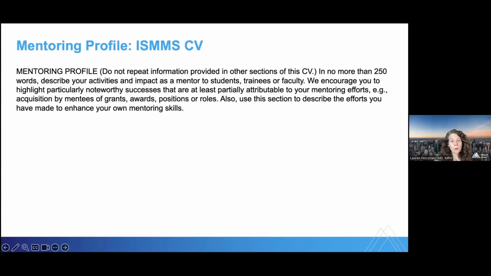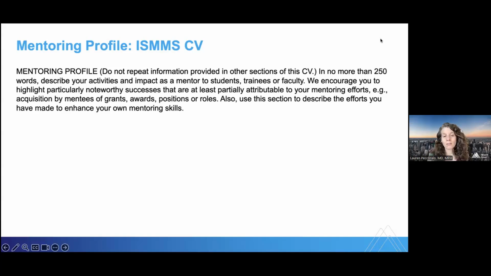Okay, so the mentoring profile is geared at this very specific thing, right? So mentoring. Why is this included here? It's largely included because it's a value of being a Mount Sinai faculty member, right? We value the ideal of mentoring so that our future generations of physicians and scientists will have mentors to guide them into their careers.